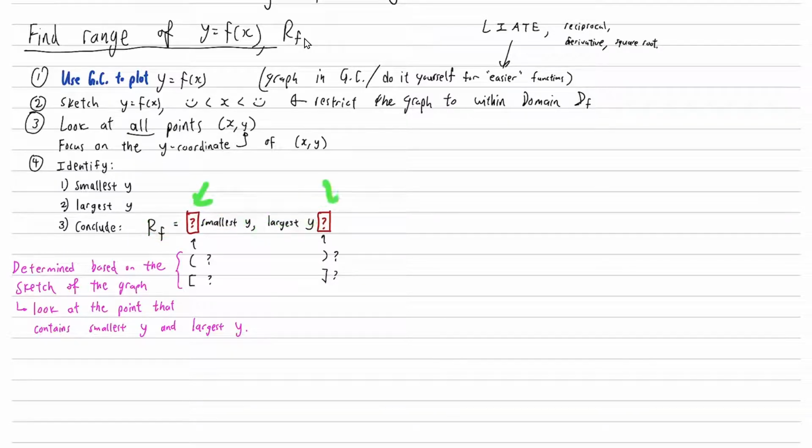What do you put on the question mark? It's either a round bracket or a square bracket, open or close. This will be determined based on the sketch of the graph. And usually I would ask the student to identify an asymptote, empty circle, white circle, or filled circle, black circle.